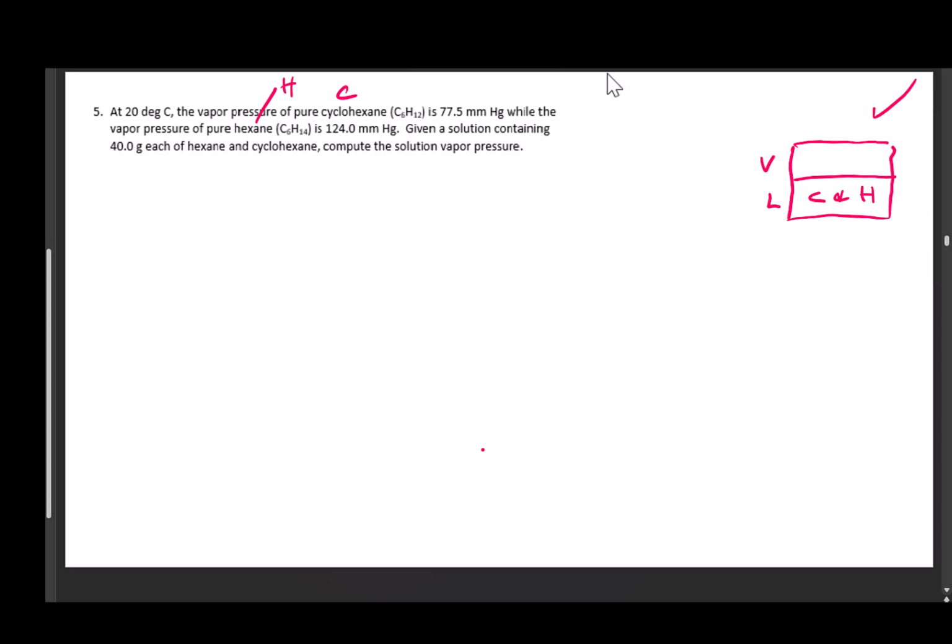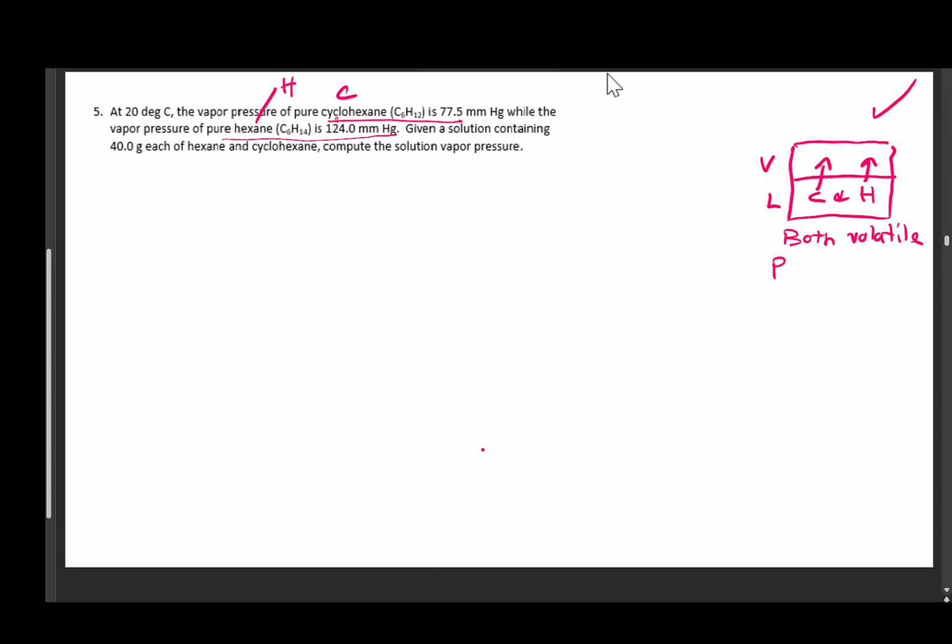It doesn't say both are volatile, but because I've given you a vapor pressure of both the cyclohexane and the hexane, that means that both are volatile. Both can evaporate into the gas phase. So you're going to see some cyclohexane and some hexane in the gas phase.